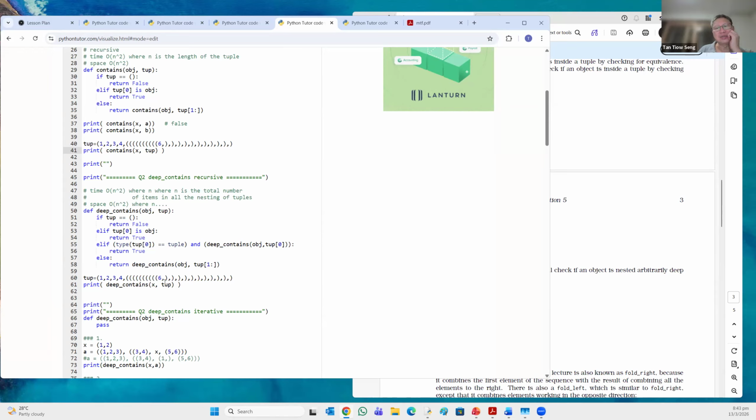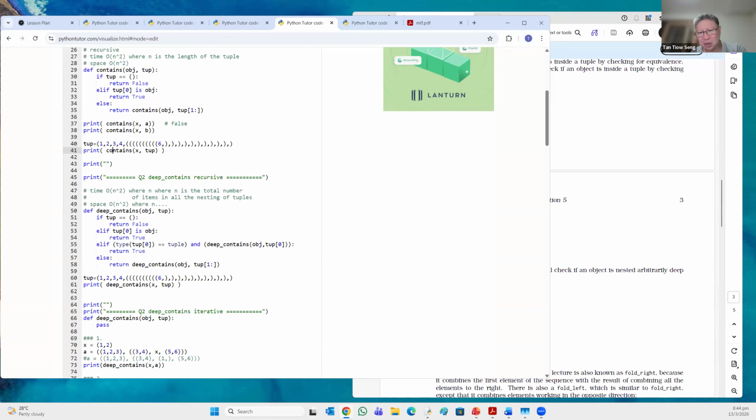The safer way is to make it O(n squared), where n is the total number in here as well. Okay, we are not very precise, but that should at least work.